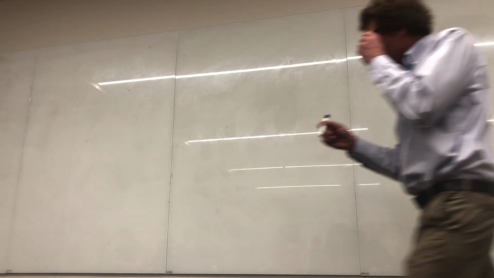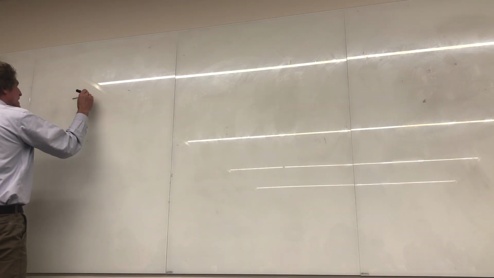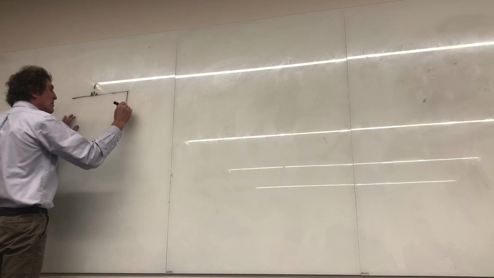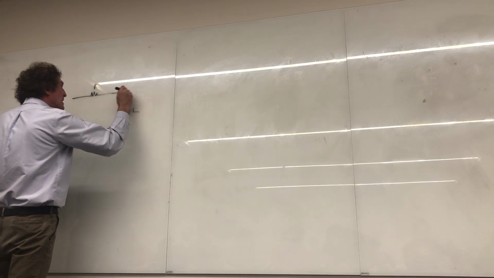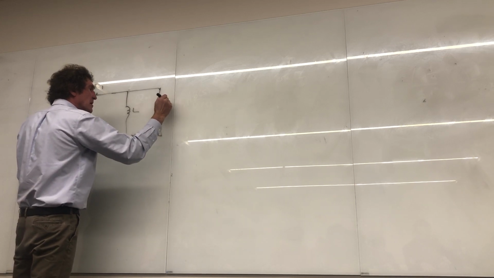All right, oh, that's a good problem. So this is going to be R1, L, and R2. So they have R1 and then L, right? And then R2, that's R1, R2 here, right?